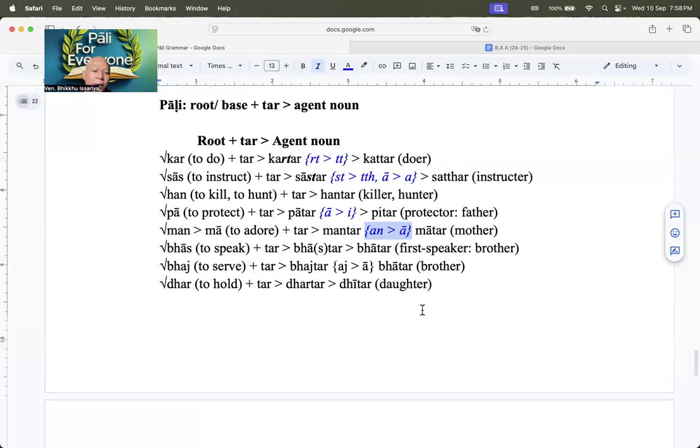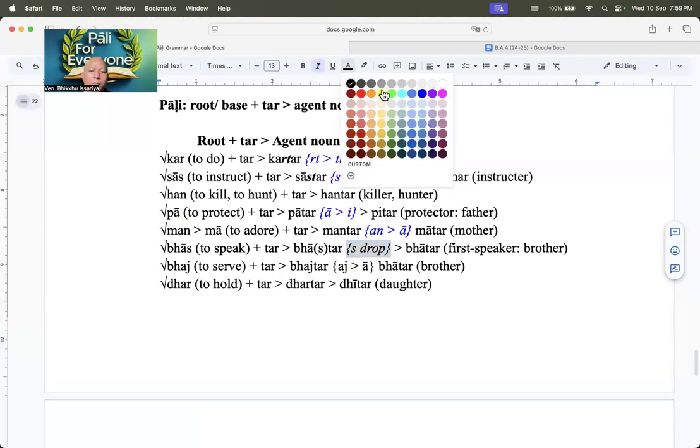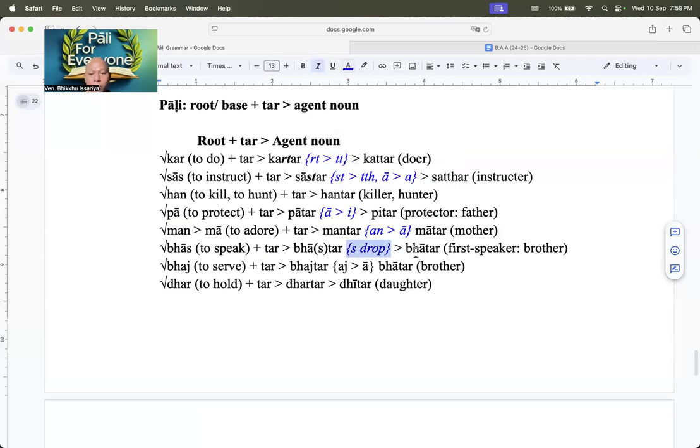In this way. And then the root bhas. Bhas means to speak. But here, at that time, it should be bhas tar. But in this case, the s is dropped. So the s is dropped, not changed to something like that. So that is bhata, one who speaks, or who speaks fast.